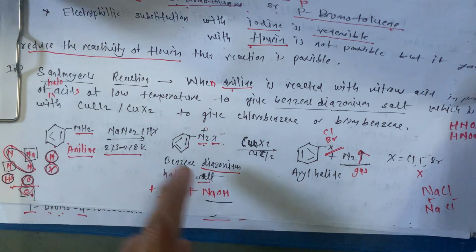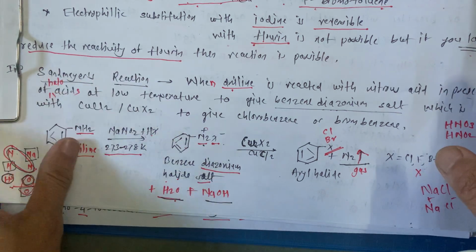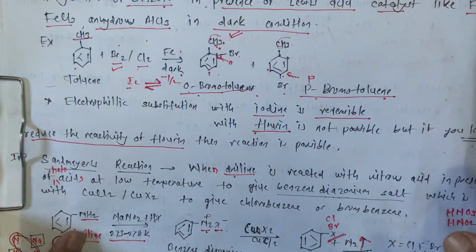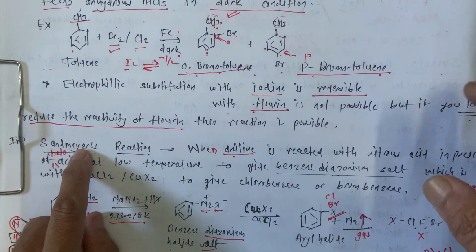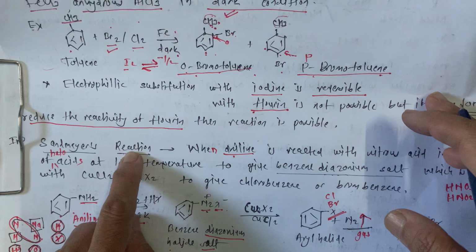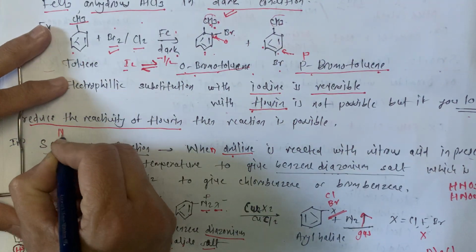This is the reaction which is known as Sandmeyer's reaction. This is a naming reaction. In all your competitive exams, they ask reactions by the name of the scientist, and such reactions are known as naming reactions.